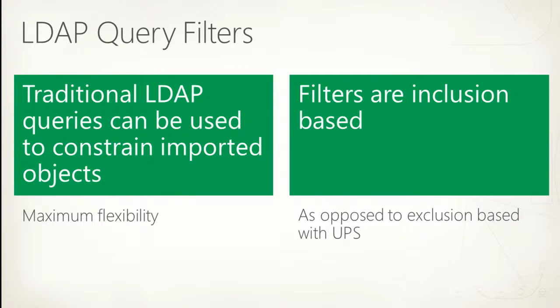So it's not going to be sensible or practical to take a filter implementation from SharePoint 2010 and come up with a query filter that does the same thing. It would be much more appropriate to go back to the drawing board and do it from scratch with the LDAP query filter, because it's a very different approach to constraining imported objects.